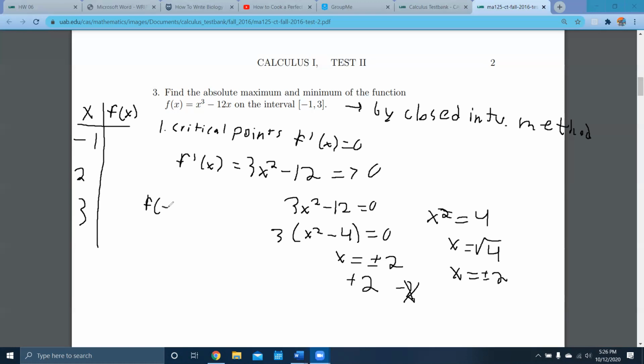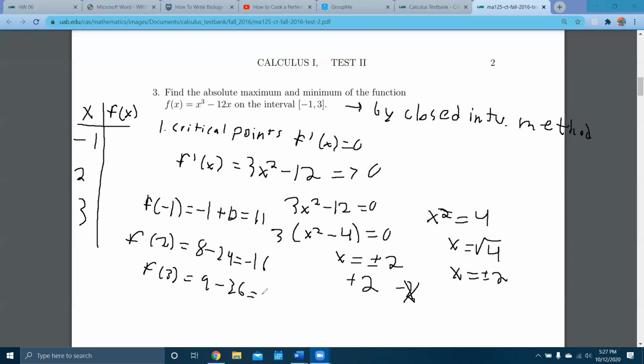So f of -1 is going to be equal to -1 plus 12. It's going to equal 11. F of 2 is going to equal 8 minus 24, which is going to equal -16. Then f of 3 is going to equal, oh, my bad, that's cubed, not squared. 27 minus 36, which is going to give us -9.